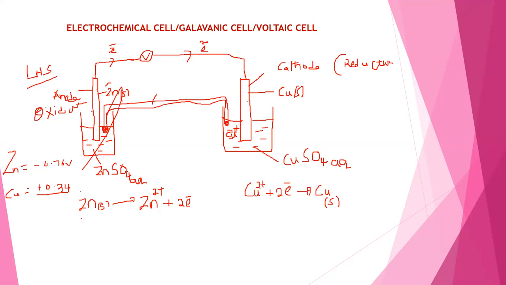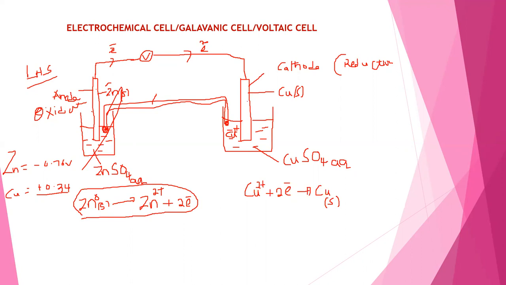So like this one, how can we know that oxidation has taken place in this half cell equation? You realize that the oxidation state of zinc metal here is 0, and the oxidation state of the zinc ion is 2 positive. So the zinc has been oxidized.